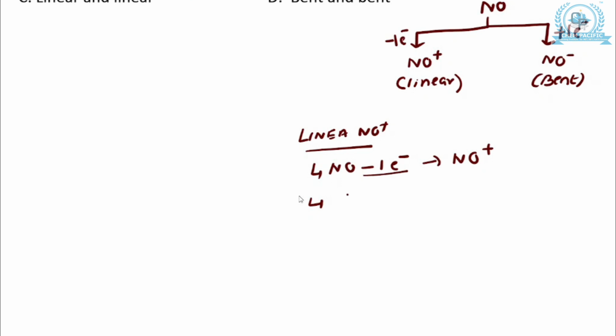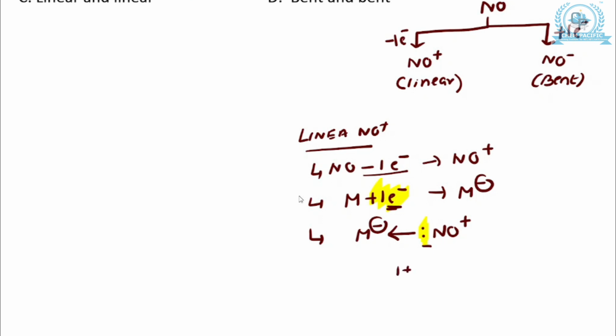This electron is accepted by the metal, resulting in the formation of M minus, and later this M minus forms a coordinate covalent bond with NO+. So what happened? First it gave one electron to the metal, resulting in M minus, and afterwards it gave 2 electrons for the formation of the coordinate covalent bond. So how many electrons did it give in total? Here it gave 1, here it gave 2. So 1 plus 2, it gave a total of 3 electrons. That is why linear nitrosyl is a 3-electron donor.